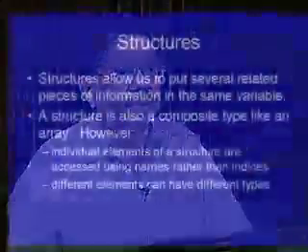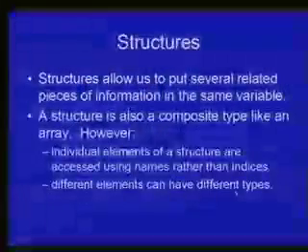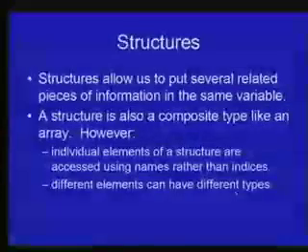And so, as you can see, a structure is also a composite type because a structure is comprised of smaller units of data. However, the difference between an array and a structure is the following. An array is also a composite type like structures, except that all elements of an array are of the same type, whereas with structures we can have different elements of different types.